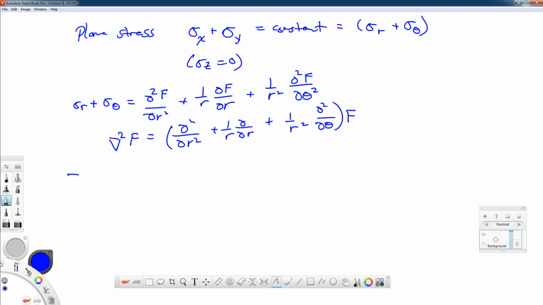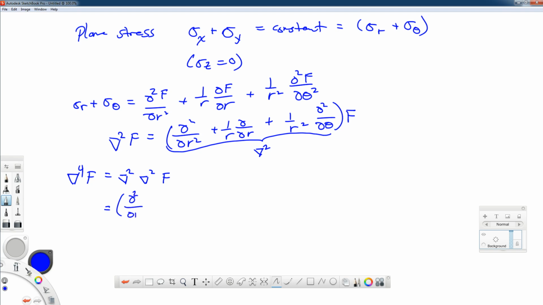and if we want del fourth f, the biharmonic, then it would be this same operator operating on del squared f. So we can do that. We'll just write this down.